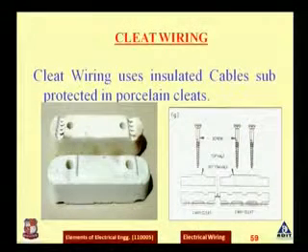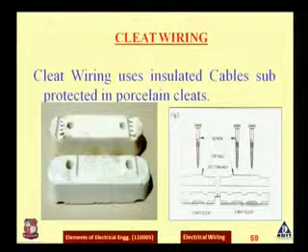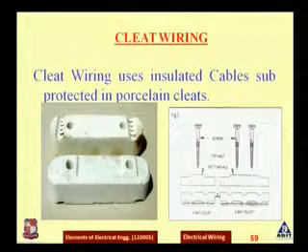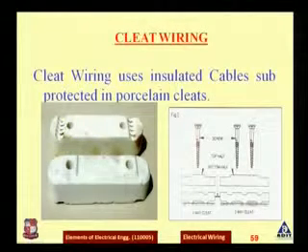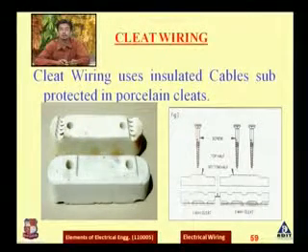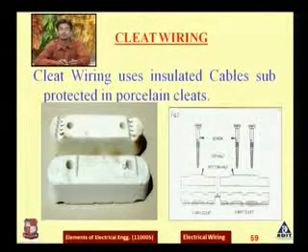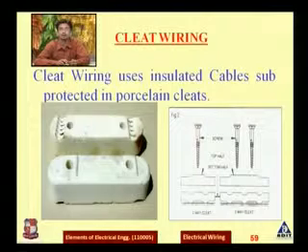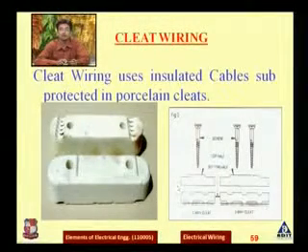The first one is the cleat wiring system. The cleat wiring system uses insulated cable supported on porcelain cleats. In this system, you can see that the cleats are provided with the wires for the temporary connection.